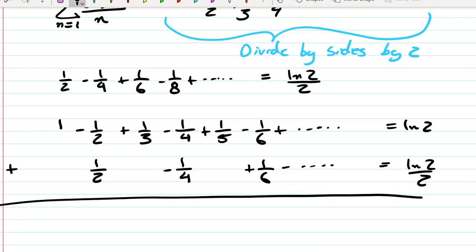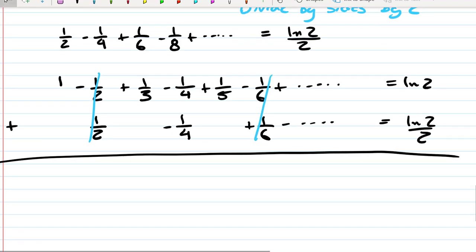If I add these two series together, every other one of these is going to reduce out, and that leaves 1, and then plus a third. Negative fourth minus a fourth gives us negative 2/4, which reduces to 1/2, plus a fifth.